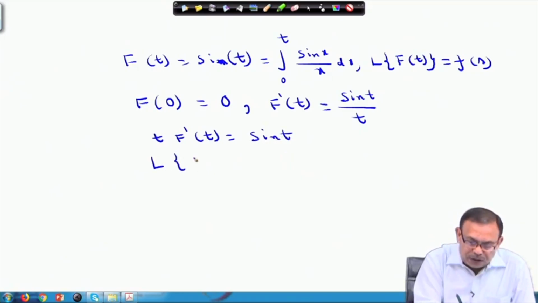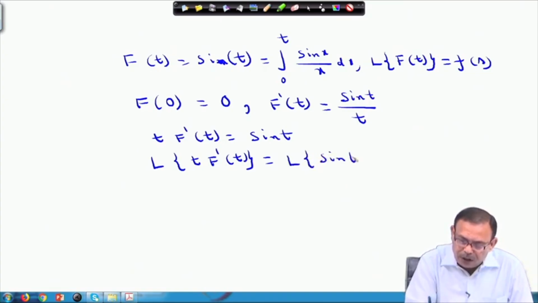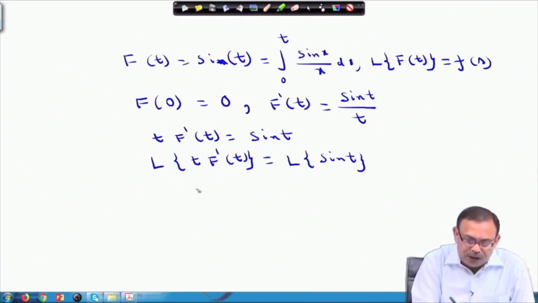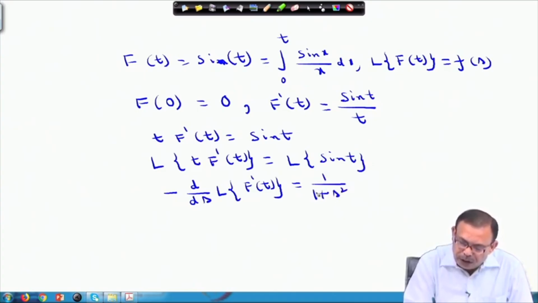Once I am getting t f'(t) equals sin t, taking the Laplace transform on both sides, the Laplace transform of t f'(t) equals the Laplace transform of sin t. The Laplace transform of t f'(t) you can write as minus d/ds of the Laplace transform of f'(t), which equals 1 by 1 plus s square, since the Laplace transform of sin t is 1 by 1 plus s square.